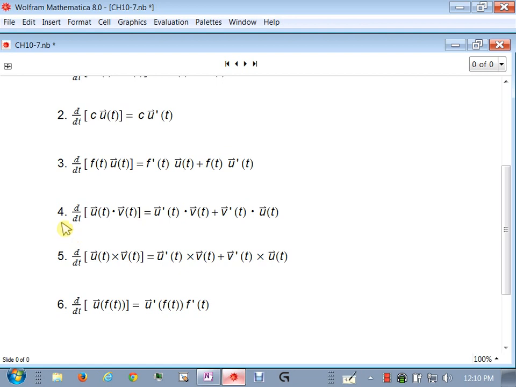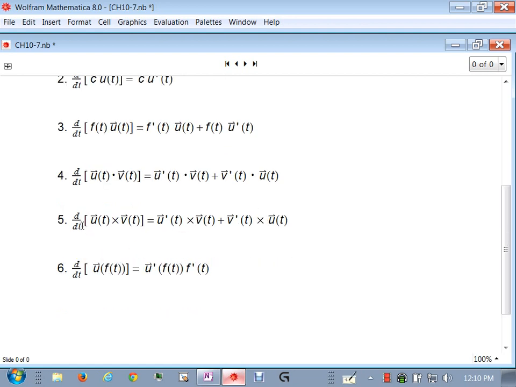What about this one? The derivative of a vector function dotted with another vector function is this. What is that? Product rule again, but your product this time is a dot product, not your traditional multiplication. And then if you want to take the derivative of a cross product of 2 vector functions, it again is like product rule, except your product is a cross product instead of a standard multiplication. Now all of these are properties that I'm not going to show you.